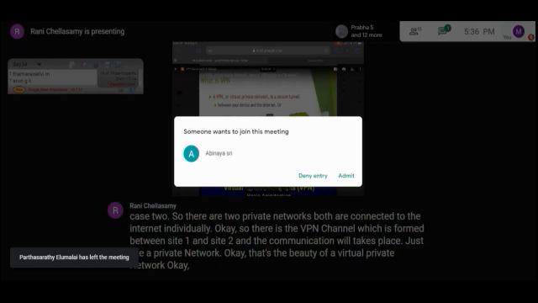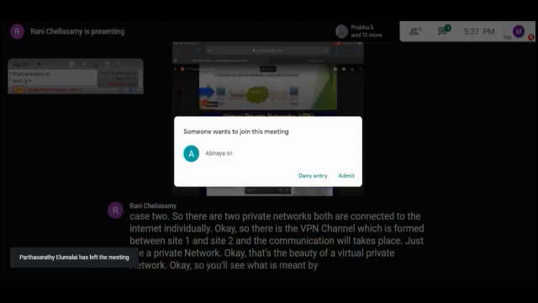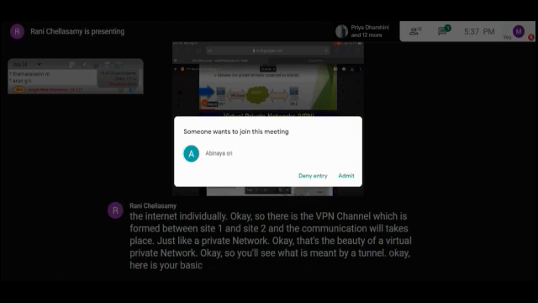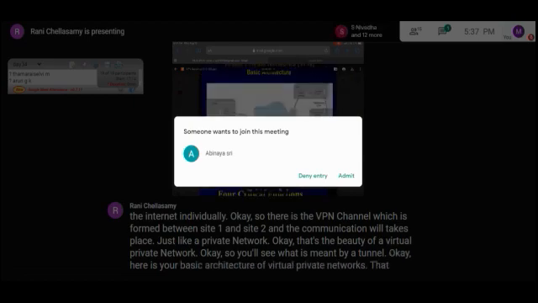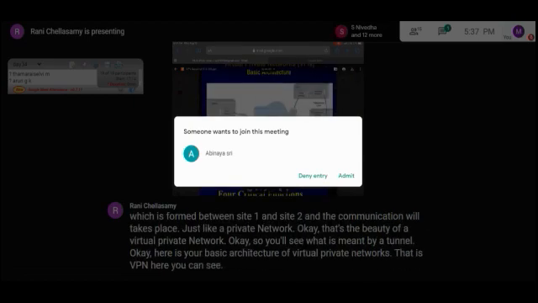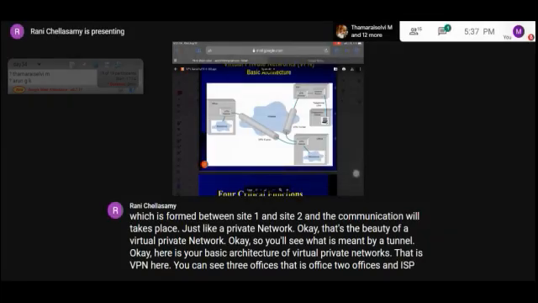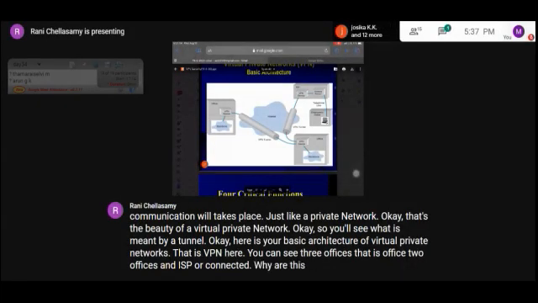So we'll see what is meant by tunnel. Here is the basic architecture of virtual private networks, that is VPN. Here you can see 2 offices and an ISP connected via this VPN tunnel.